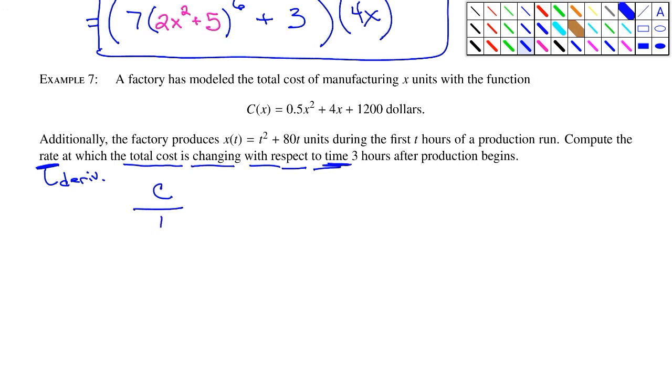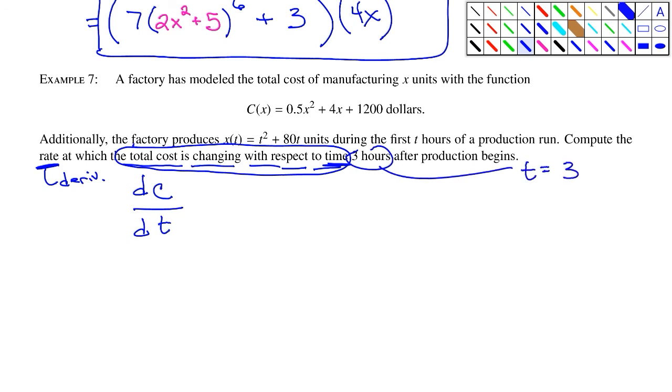So t goes on bottom. So this is dC/dt. That is how you would interpret this piece of the question. Total cost changing with respect to time. Then 3 hours after production begins, that means t is equal to 3.